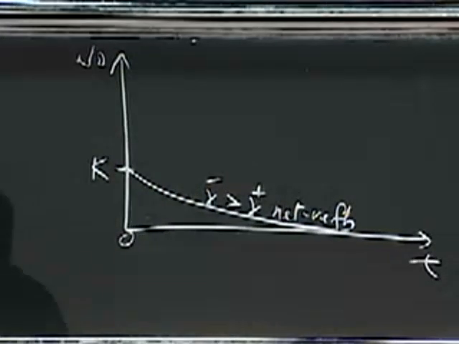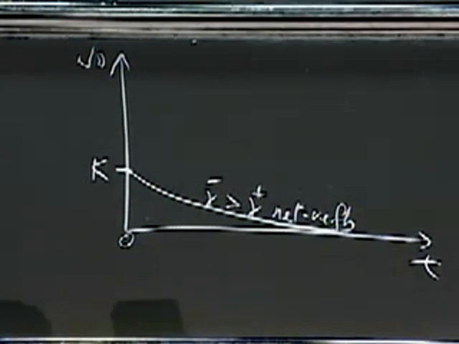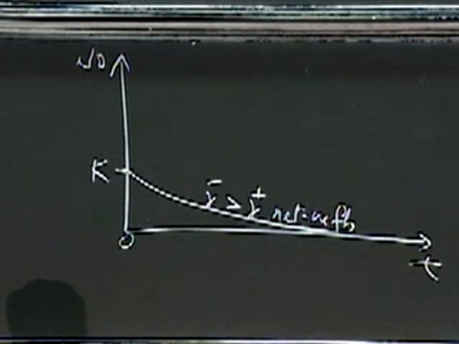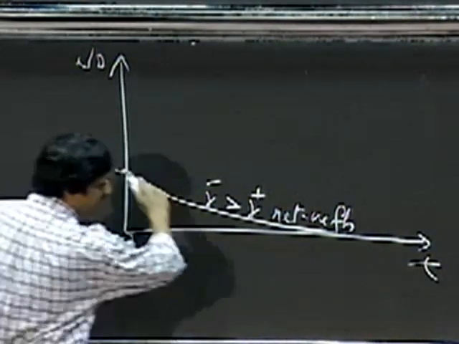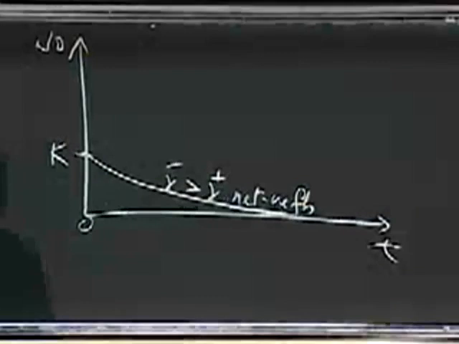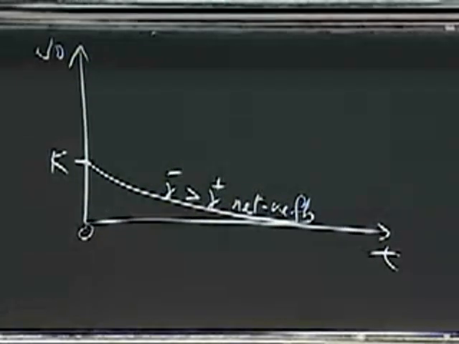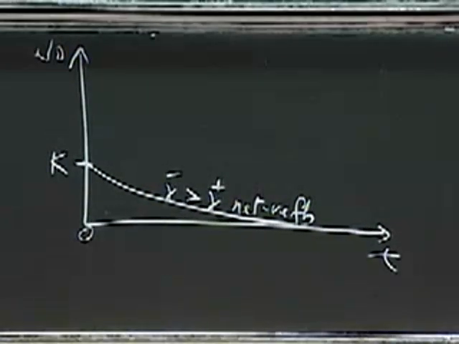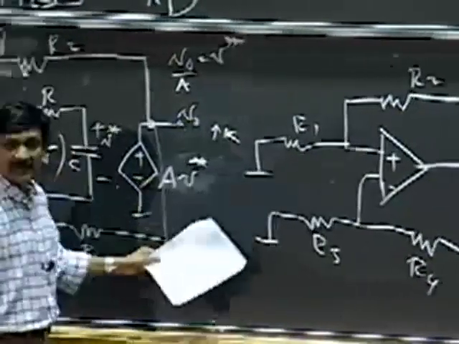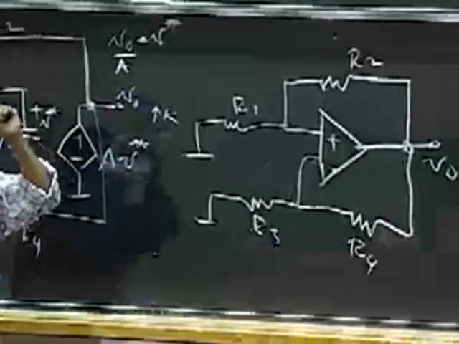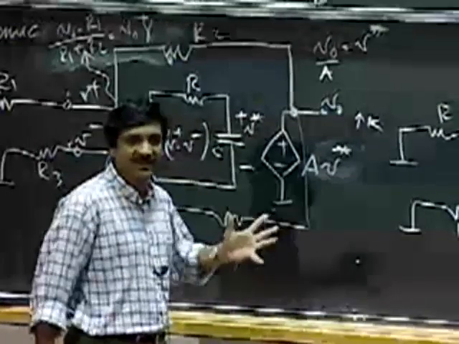I'm feeding the output back to both the positive and negative inputs, and if my negative input has a stronger effect, then I'm going to see the op-amp output decay down to a value that I expect, which is going to be 0. Since I'm not applying any input here, I expect the stable point to be the output going to 0.